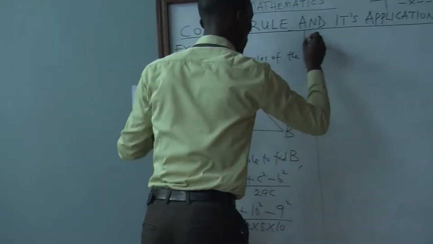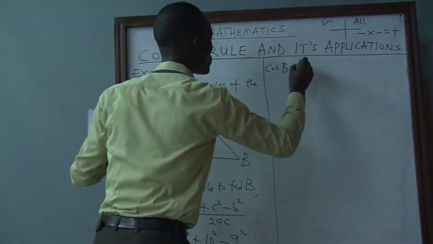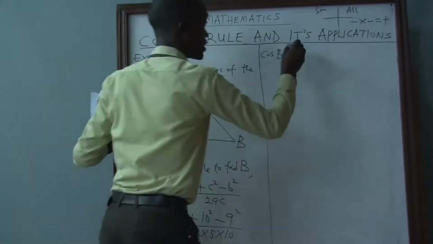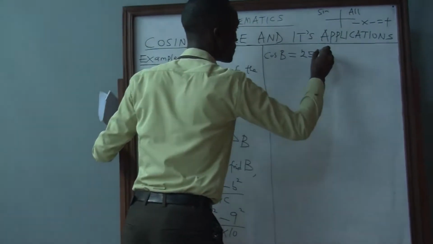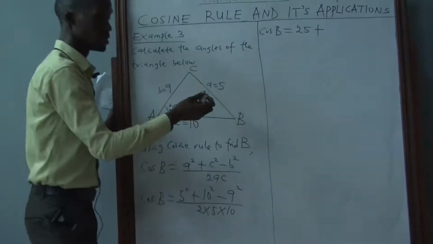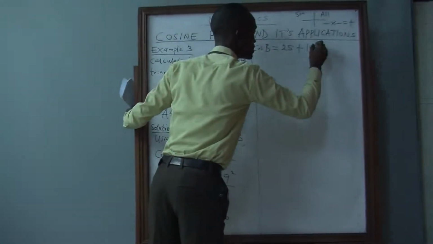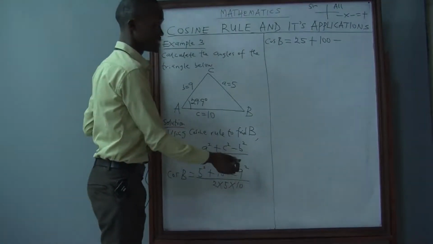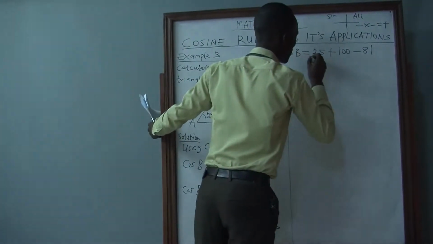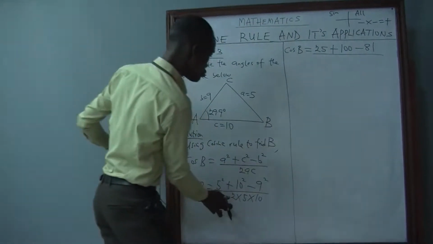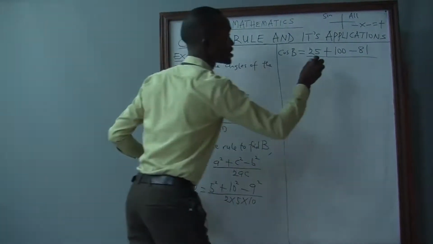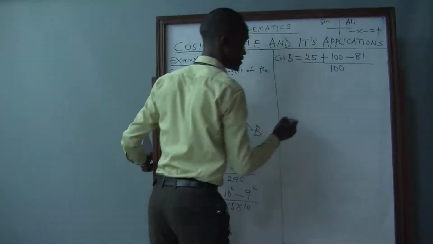Now to the next step, we have cos B to be 5 squared, which is 5 multiplied by 5, that will give us 25. 10 squared is 10 multiplied by 10, which will give us 100. 9 squared is 9 multiplied by 9, which will give us 81. Divided by 2 multiplied by 5 multiplied by 10, which will give us 100.